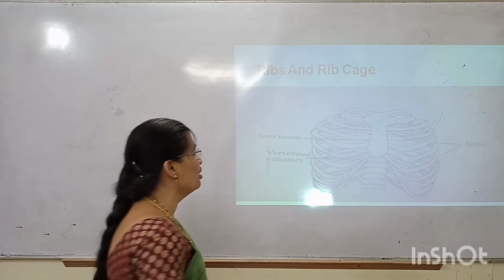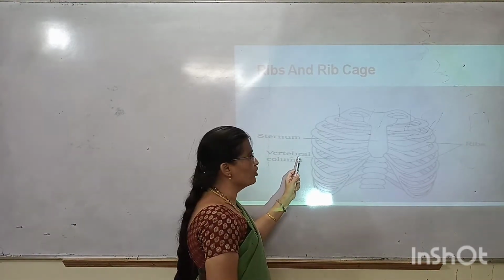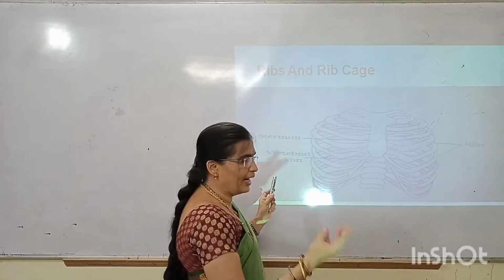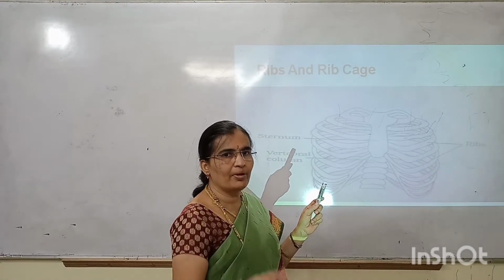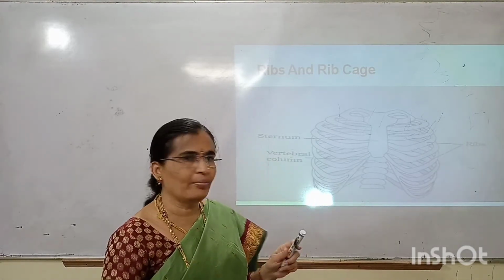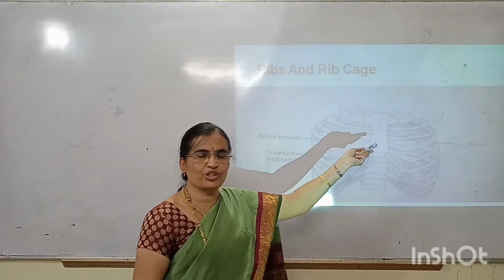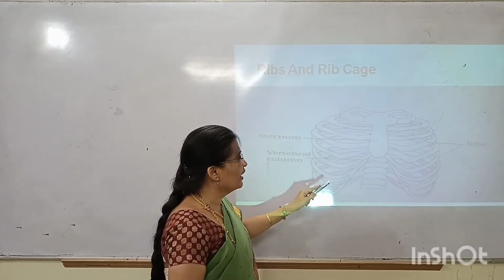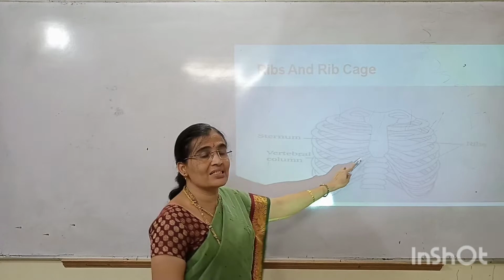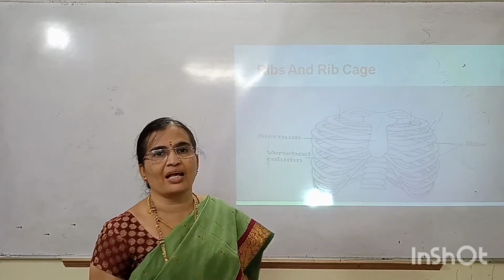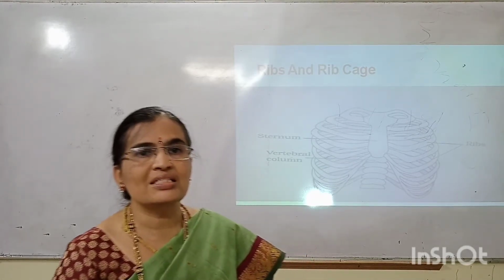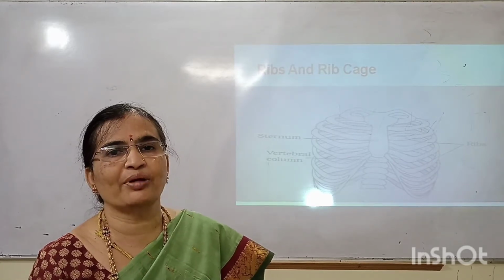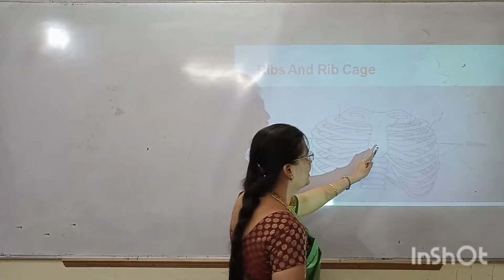Why are they called so? Because these 3 bones, the 8th rib, 9th rib and 10th rib, at the backside are attached to the vertebral column, but on the front side they are attached to the 7th rib itself. A separate attachment is not seen with the sternum.